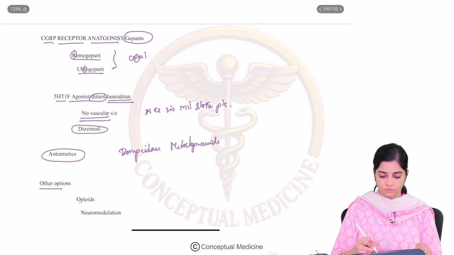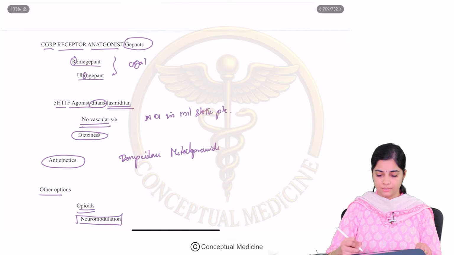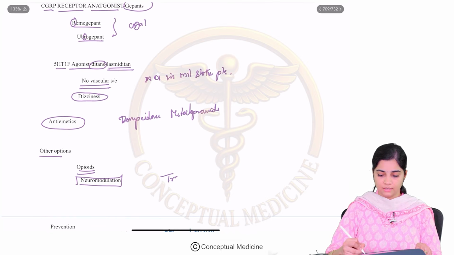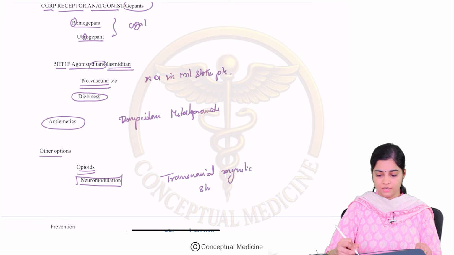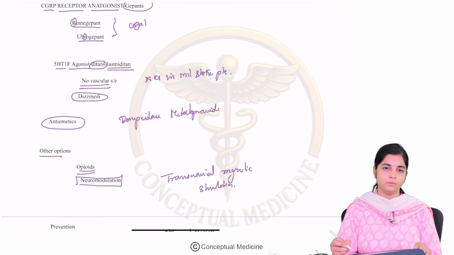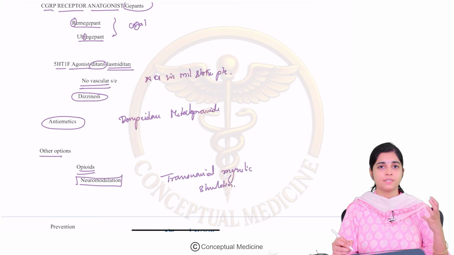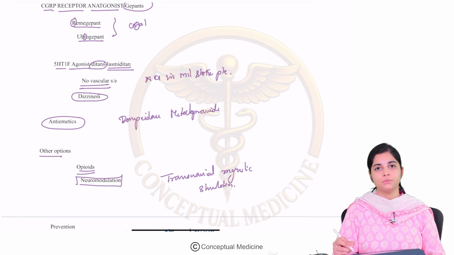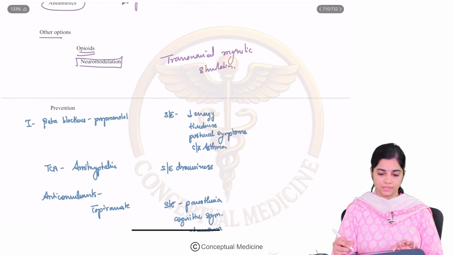Other options include opioids, which help in pain regulation, and neuromodulatory therapy, including transcranial magnetic stimulation, which can be used in migraine therapy. So this is about the various drugs which can be used during an acute attack of migraine.